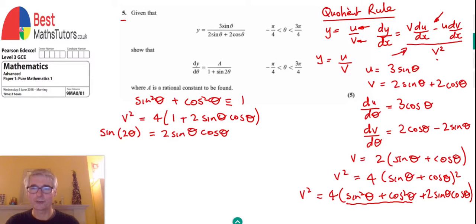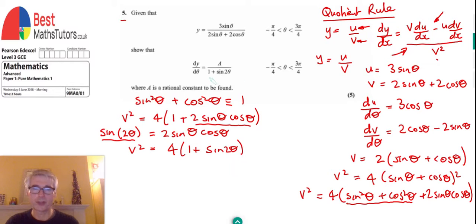So we've got sine 2 theta equals 2 sine theta cos theta, and we can replace our 2 sine theta cos theta in our expression for v squared by putting sine 2 theta. So actually v squared is equal to 4, and then in the brackets 1 plus sine 2 theta.